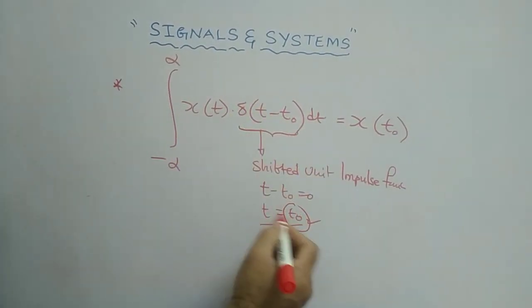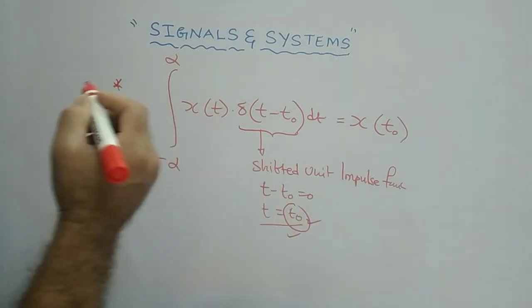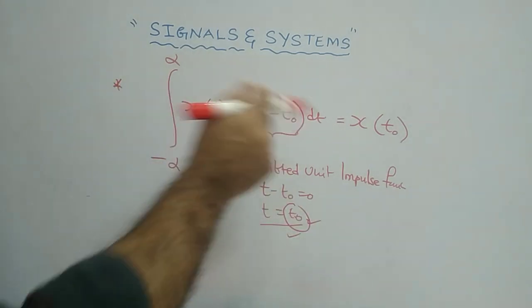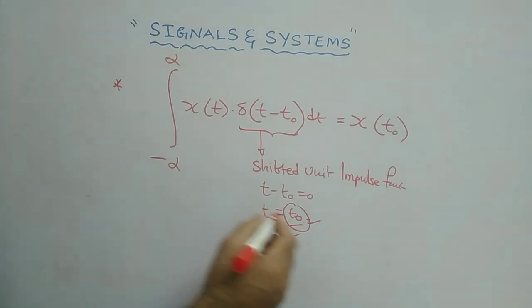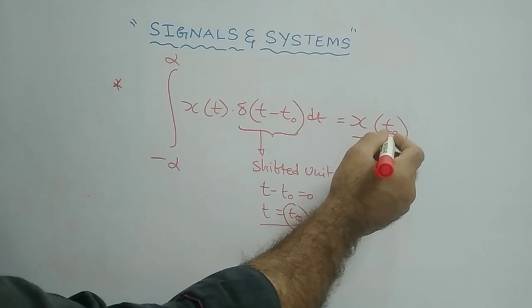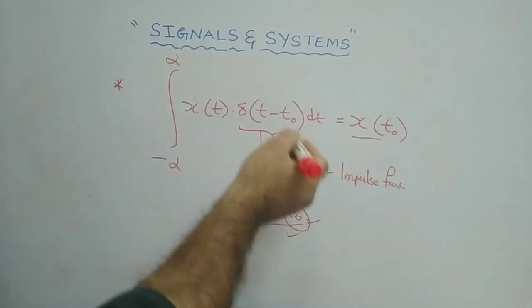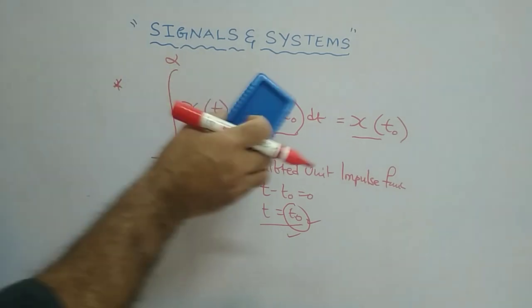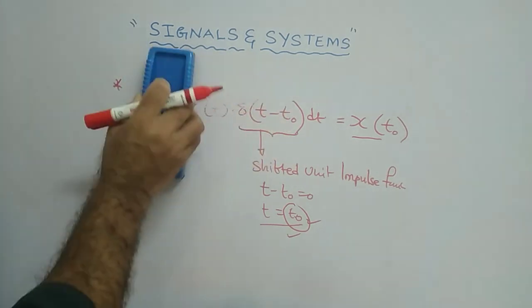T naught. T is equal to t naught. This signal was shifted by this many units. Therefore, in x of t, instead of t, you substitute t naught. That is your answer. Clear? That is another important property of the unit impulse function.